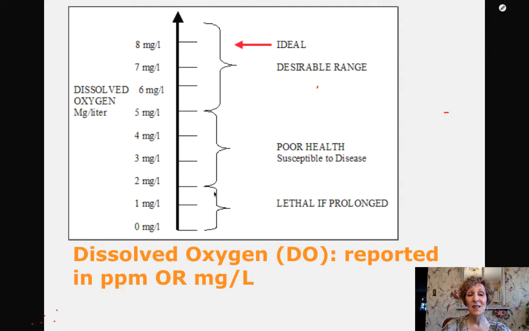And if it is less than about 2, that can be hypoxic, which means low, or it can actually be anoxic, which means no oxygen. And there are aquatic dead zones that happen at certain times of the year in the Chesapeake Bay system and also in the Gulf of Mexico, which we'll talk about.